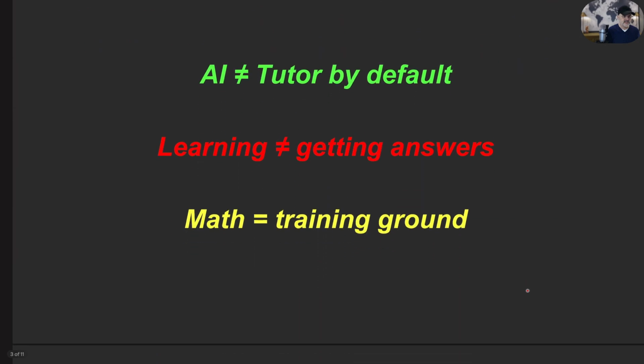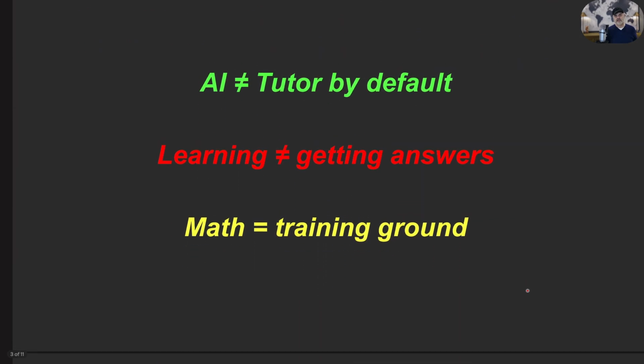AI is not a tutor by default. Yes, you can copy and paste, that's a temptation, but then you don't know whether the answer is correct or not, especially as you're learning a new concept. So you want to find a way of knowing that you can trust the process, but you have to prepare the machine, prime it, if you will, so that it gets to know the way you learn and helps you in the process of learning.